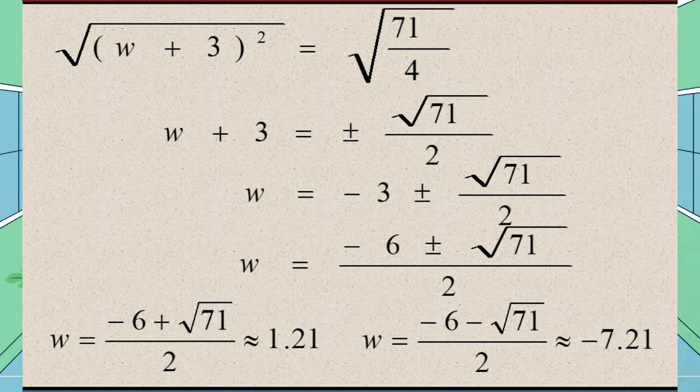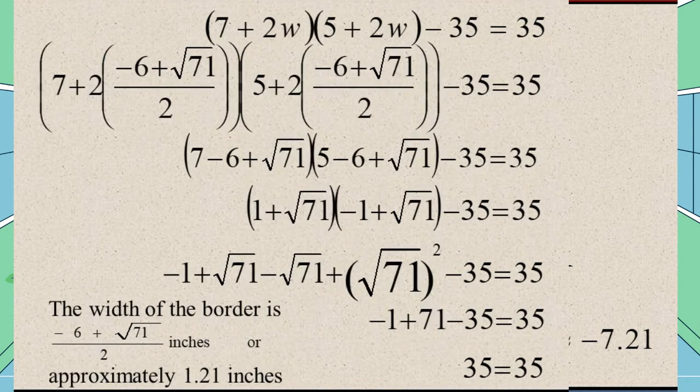Since there is no negative length or width, we accept the value 1 21/100. The other value, which is negative 7 21/100, is rejected.